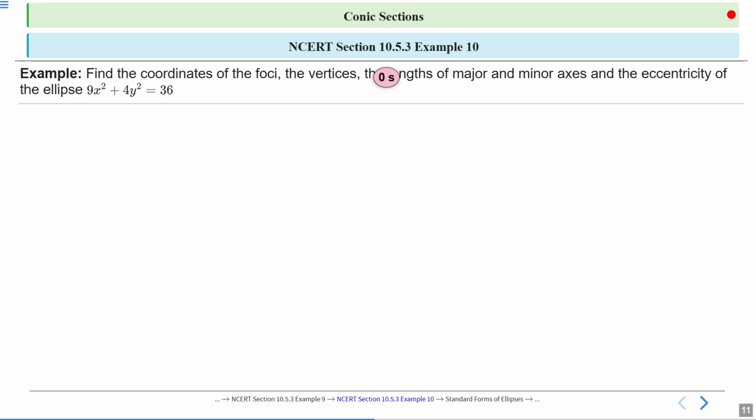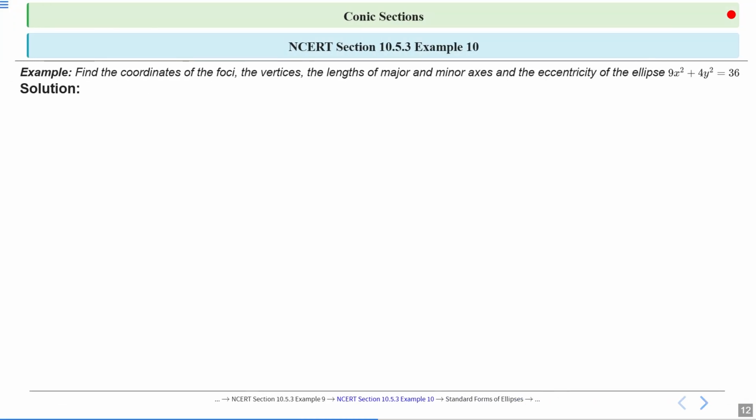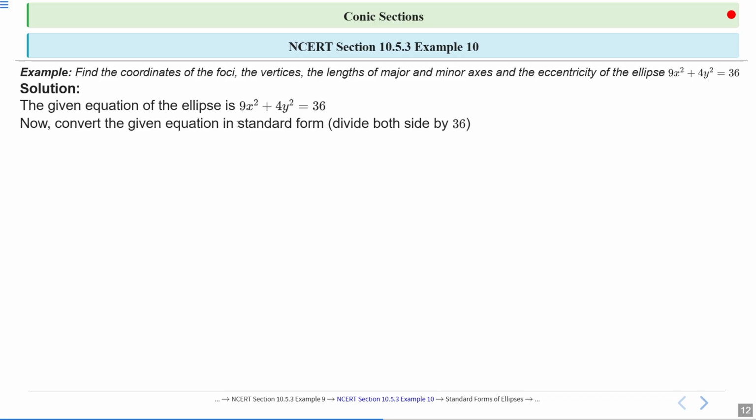Okay students, now we will solve this example. The given equation of the ellipse is 9x square plus 4y square is equal to 36. Now convert this equation into the standard form of an ellipse.